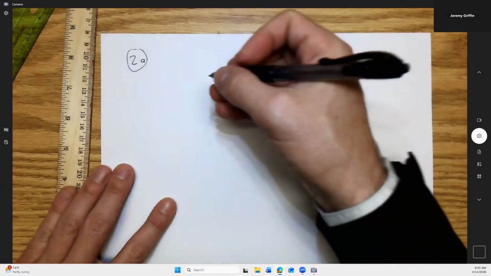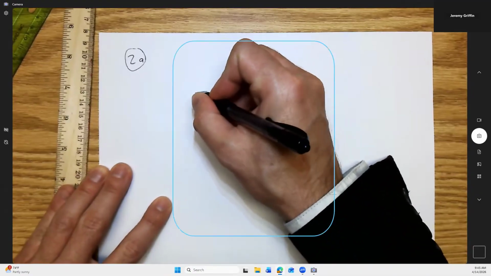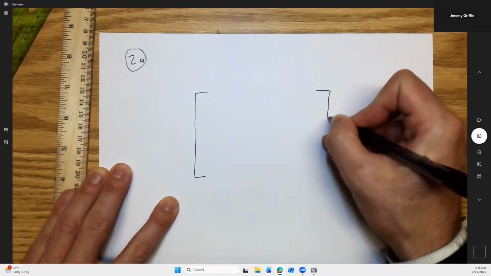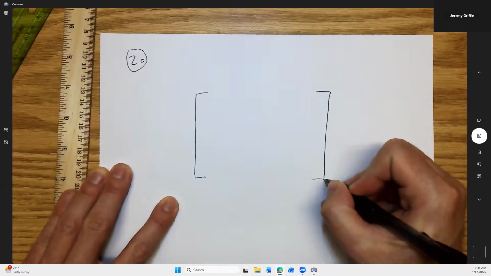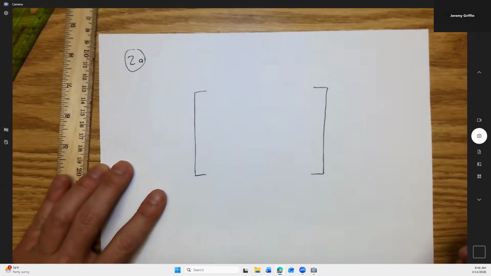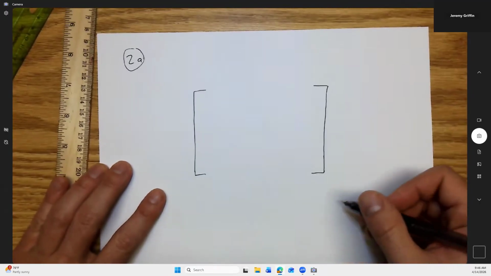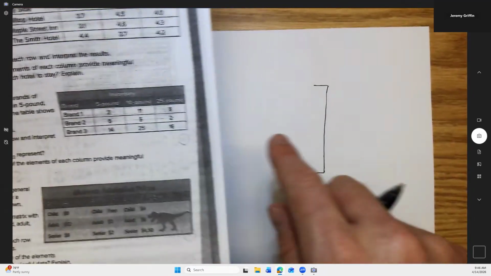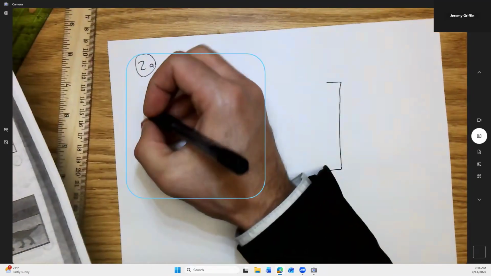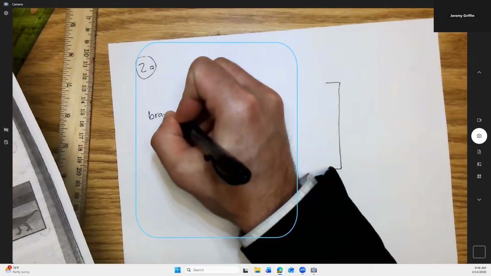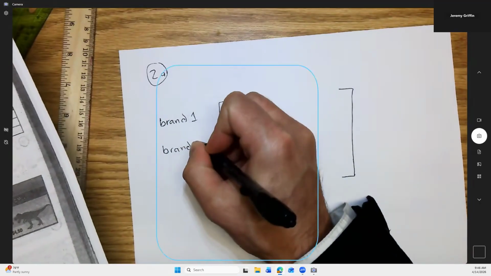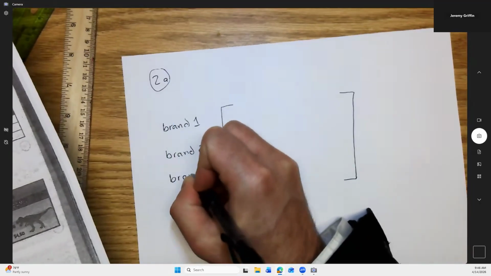I'm going to make a 3x3 matrix. So go ahead and put these big brackets like this. Actually, the textbook I was showing you guys had parentheses, but more often than not, you'll tend to see brackets. We're going to make a 3x3. And then really all I have to do is copy these numbers, but each row and each column is going to correspond to something. So there's going to be brand 1, brand 2, brand 3.